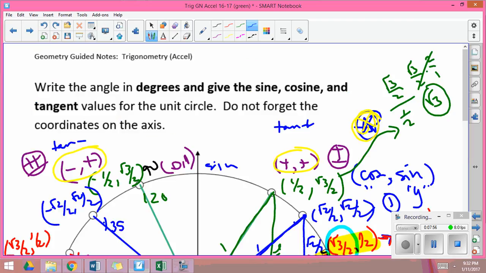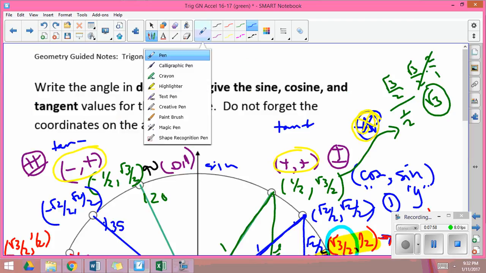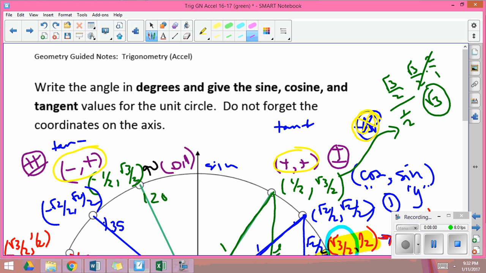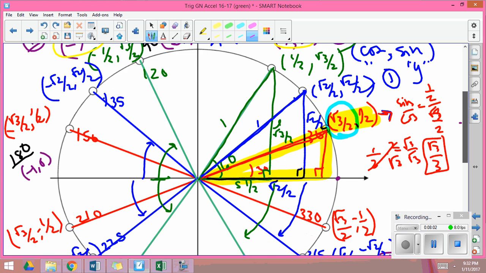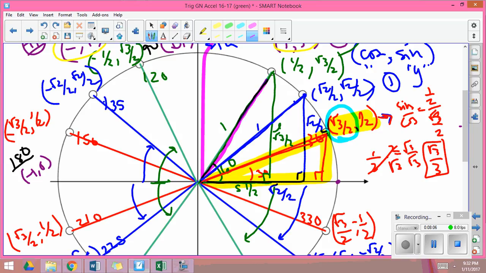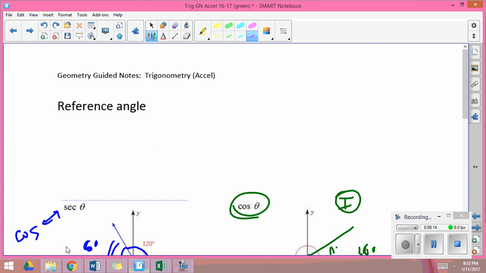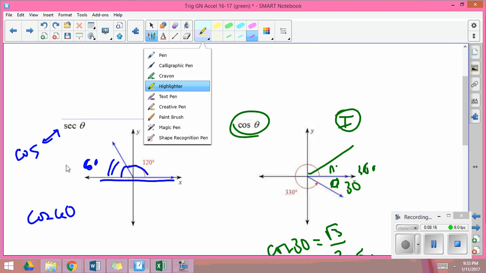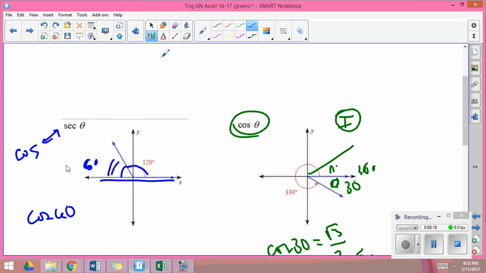Well, I'll go back to your unit circle. Remember that 60 is our green ones. Cosine is the x-coordinate, so we're talking about the cosine of 1/2. So the cosine of 60 is 1/2.